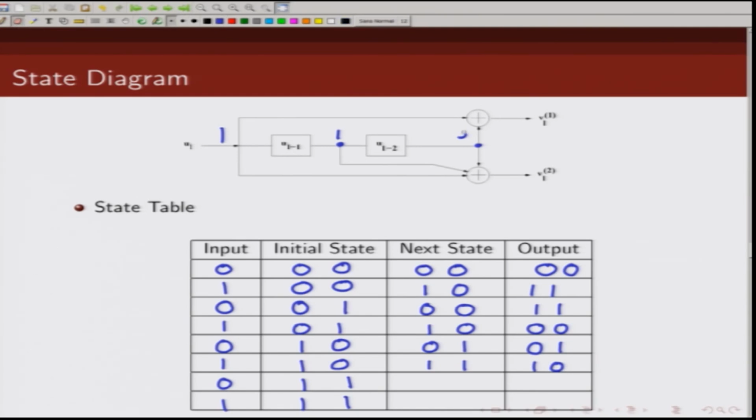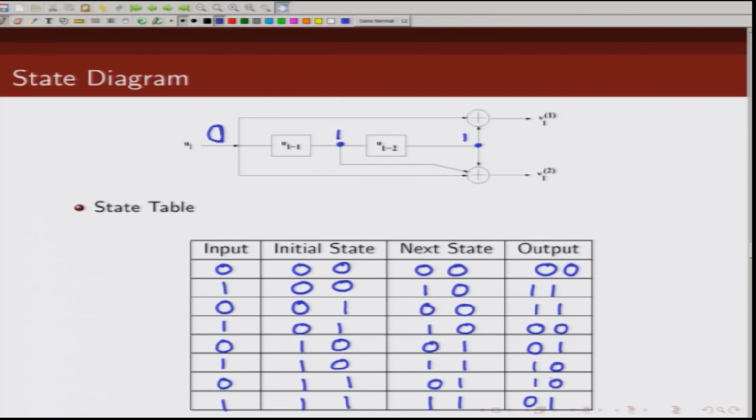And finally, if the initial state is 1 1, let us say if the input is 1, then the next state is 1 1, and the output will be 1 plus 1 is 0, and 1 plus 1 plus 1 is 1, and if instead of 1, this is 0, then next state would be 0 1, and output will be 0 plus 1, which is 1, and this is 0 plus 1 plus 1, this is 0.